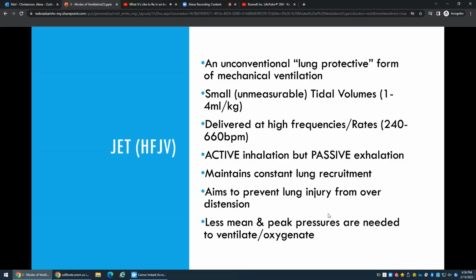The jet uses less mean and peak pressures to ventilate and oxygenate. So less MAP than what is required on the oscillator, and less pressure is always the goal. Less pressure is what is going to prevent lung injury.